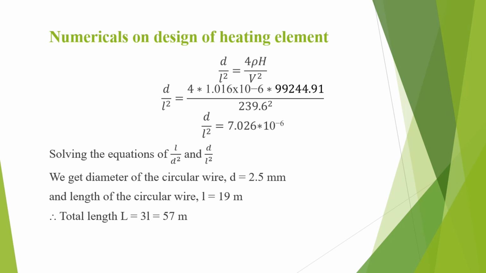Now solving the two equations, we get the diameter of the circular wire D as 2.5 millimeter and length of the circular wire L as 19 meter. Since a three-phase supply is being used, the total length capital L is 3 times small l, that is 3 times 19, which is 57 meter.